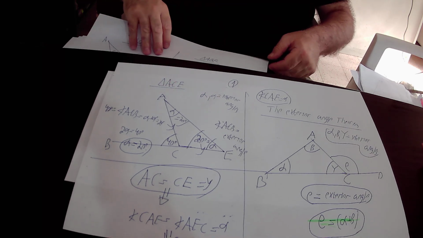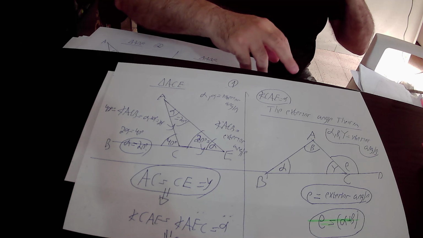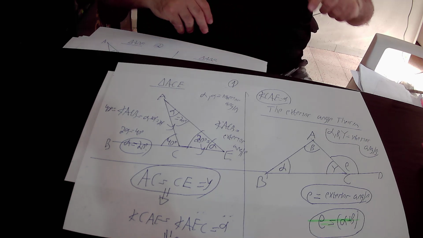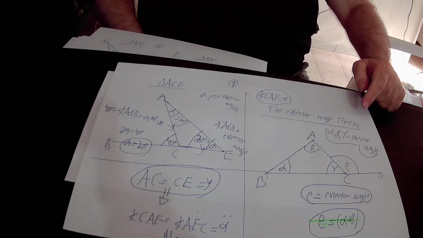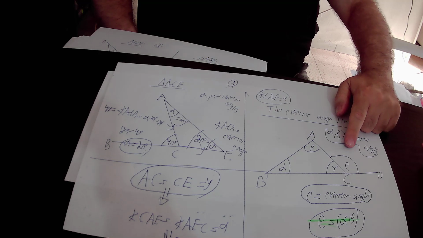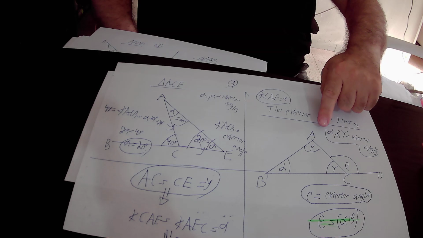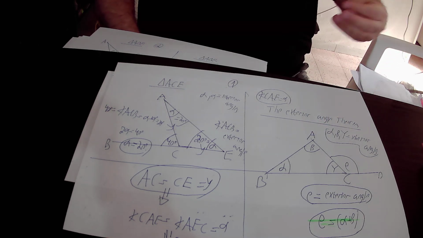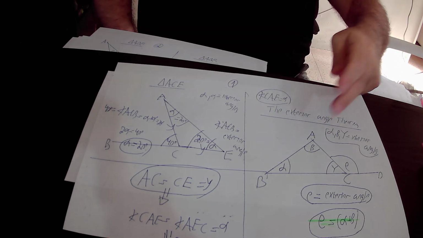And then I presented to you the exterior angle theorem. According to the exterior angle theorem, the size of the exterior angle, angle E, equals alpha plus beta, that is the sum of the two interior angles that are not adjacent to it.